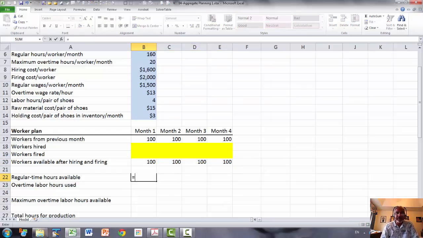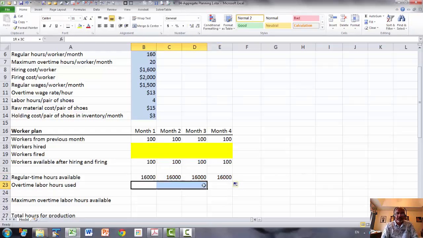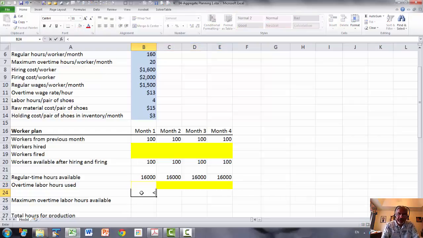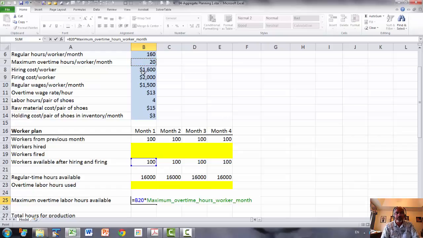Now from that we can figure out how many hours of regular time will be available. You take the number of workers in each month and multiply by the regular hours per worker per month. That will give us the total hours available in each month. Now, the overtime hours used will be changing cells also. Remember, that should be limited to 20 hours per worker, so you take the number of workers and multiply by the maximum overtime per worker.